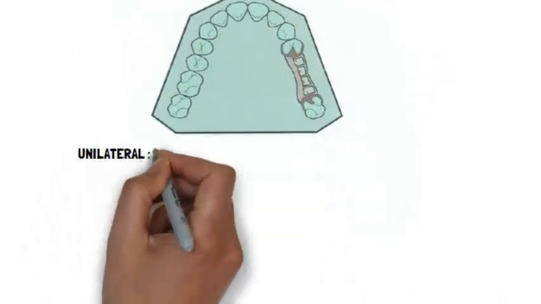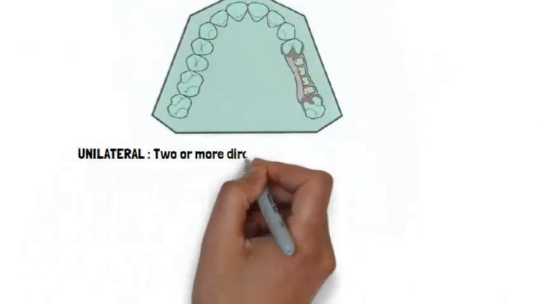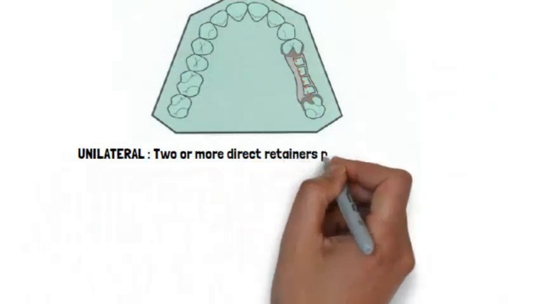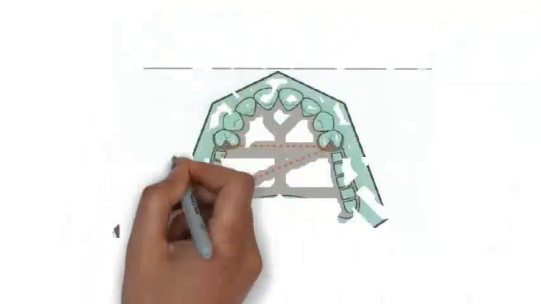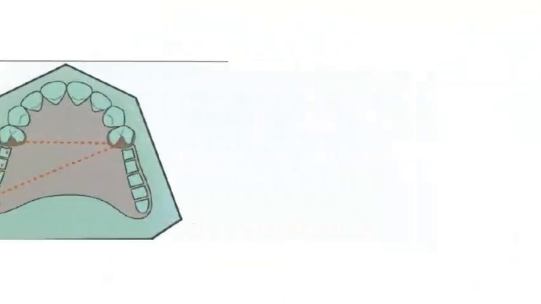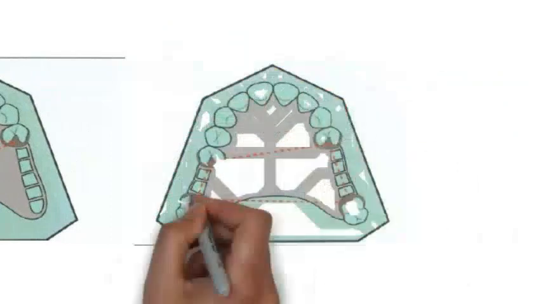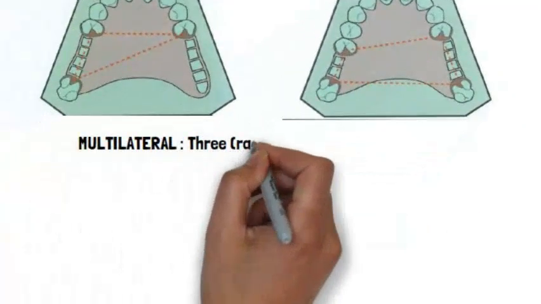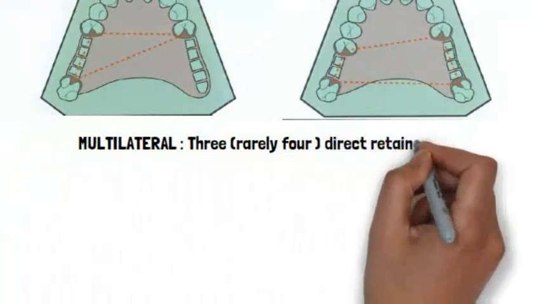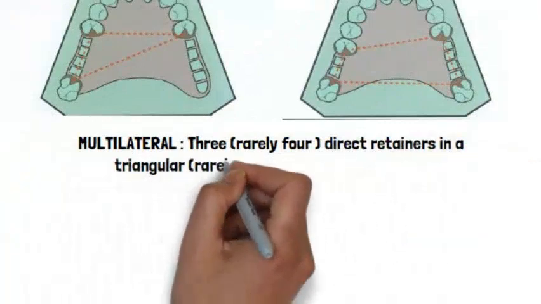Unilateral: two or more direct retainers present on the same side. Multilateral: three direct retainers in triangular relationship.